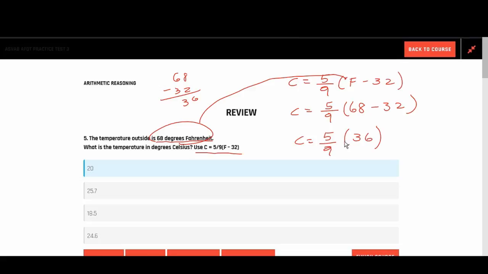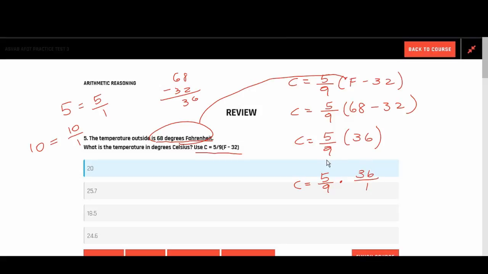In order to do that, we have to convert this whole number into a fraction. To make any whole number a fraction, you put it over 1. So to make 5 a fraction, you can write it as 5 over 1. To make 10 a fraction, you can put it as 10 over 1. Similarly, to make 36 a fraction, you can put it as 36 over 1.